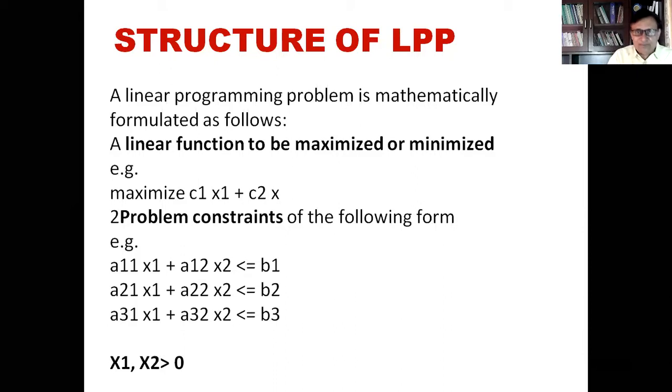Apart from that, we have defined that the decision variables' values will be greater than or equal to 0. That means X1 and X2 values should be greater than or equal to 0. So this is the structure of linear programming.